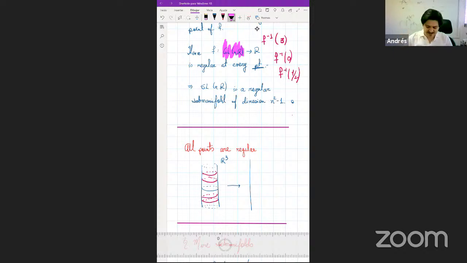But what is special about the pre-image of 1 is that it is going to give me a group.